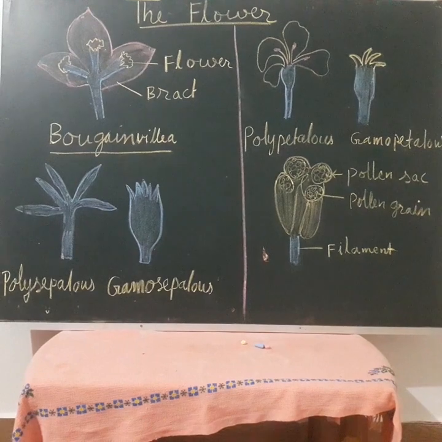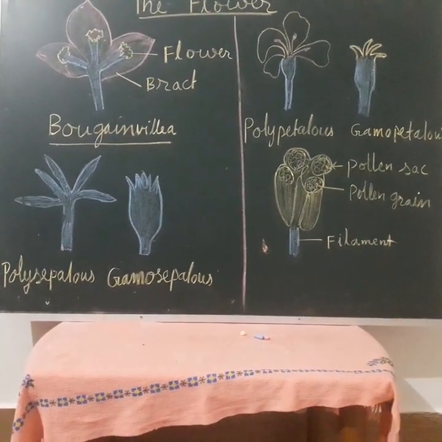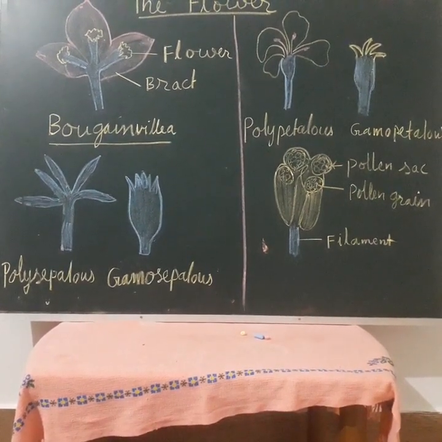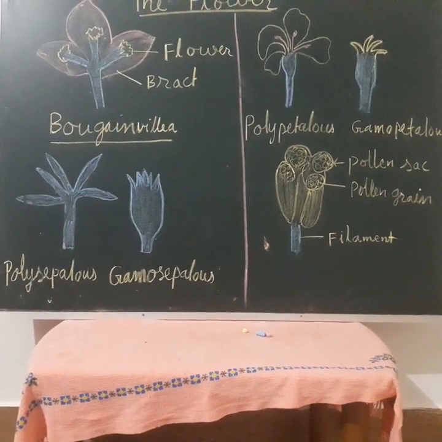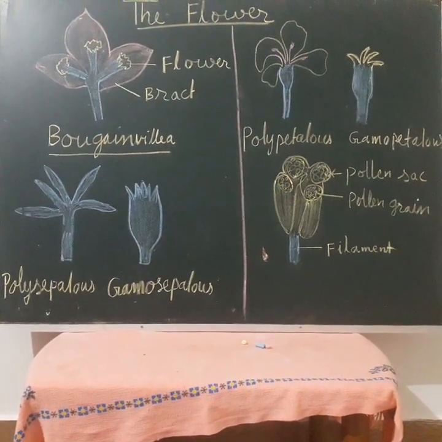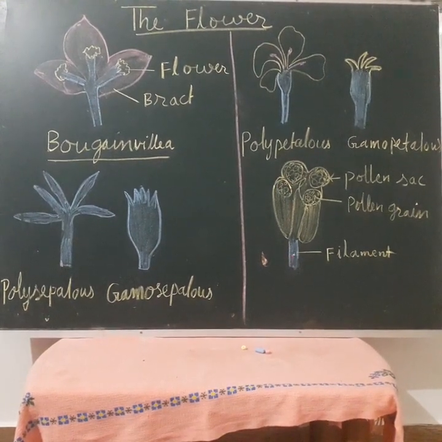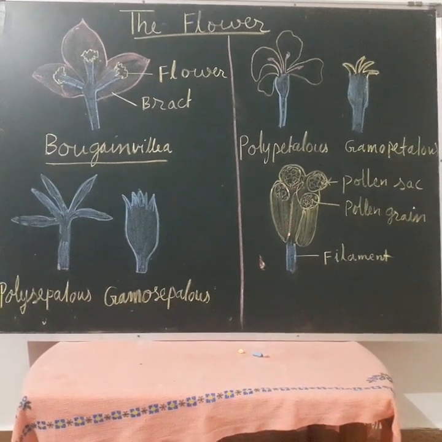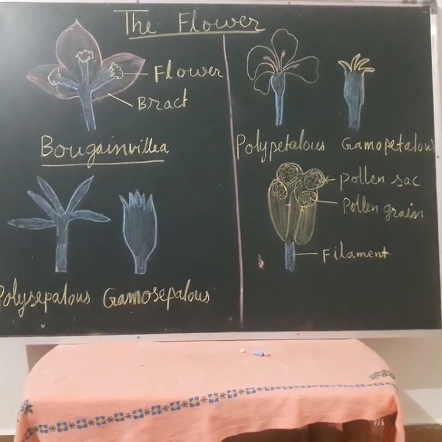Next is androecium or stamens. The number of stamens in different flowers may vary; each has a filament and an anther attached to its extremity. You can see here, and I have also shown you in the hibiscus flower, this is the filament, and the anther is the bilobed structure which contains 4 pollen sacs inside.